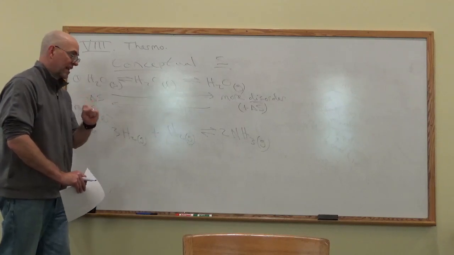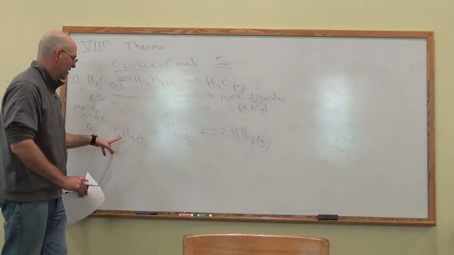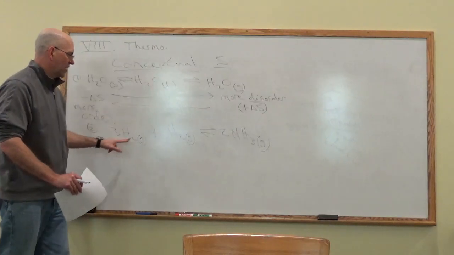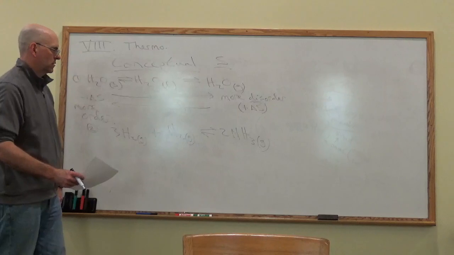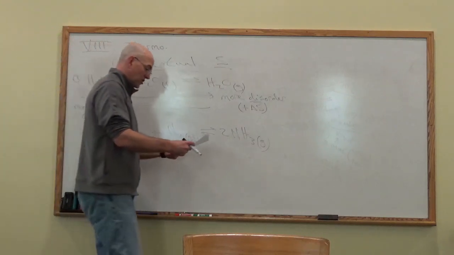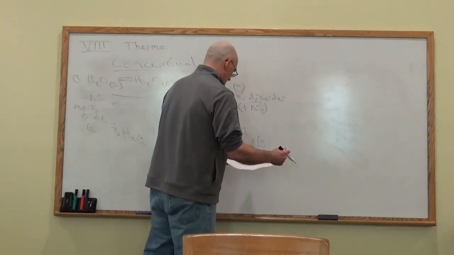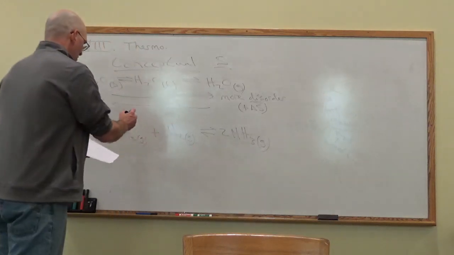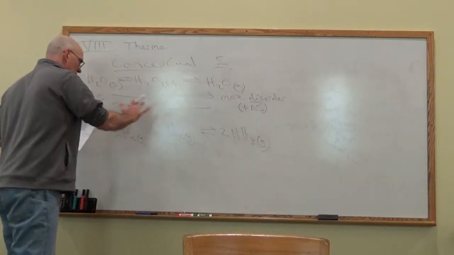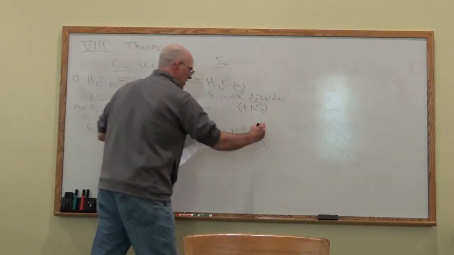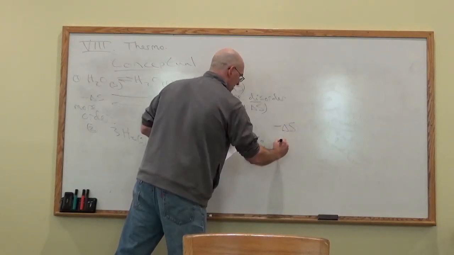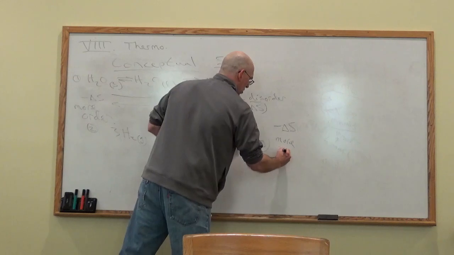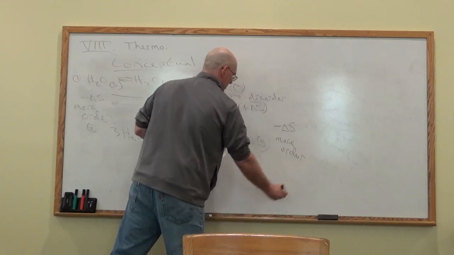This kind of goes back to the calculation Kp, Kc we did. You have 4 moles of gas here. You have 2 moles of gas here. So we're going from disorder to order. So this is a negative delta S. More order.